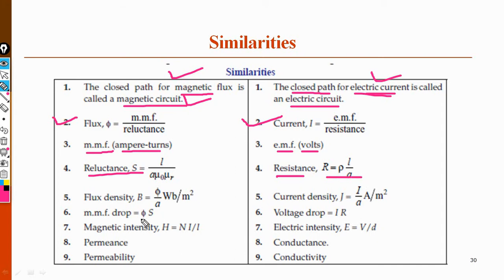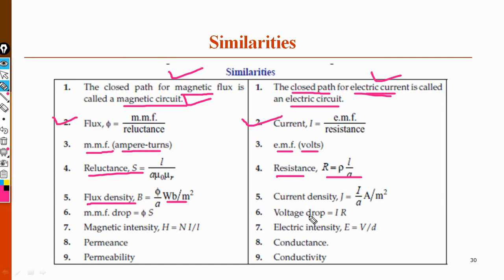Also flux density. Flux density B is equal to flux per unit area, that is B is equal to phi upon A, measured in Weber per meter square.